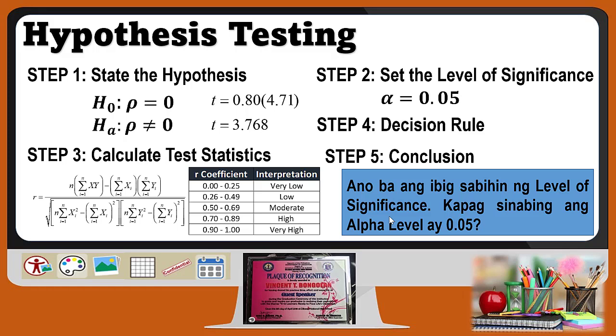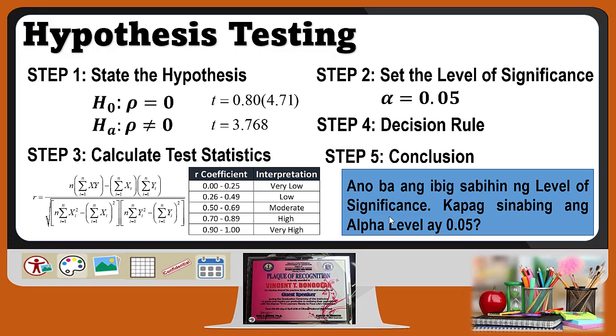There is significant correlation between the money spending and the sales of the company. Ito yung pagkakataon, ito yung percentage na sasabihin natin na mali yung magiging decision natin. Ito yung percentage na tatanggapin natin yung alternative hypothesis, pero ang totoo pala, yung null hypothesis pala ang tama.